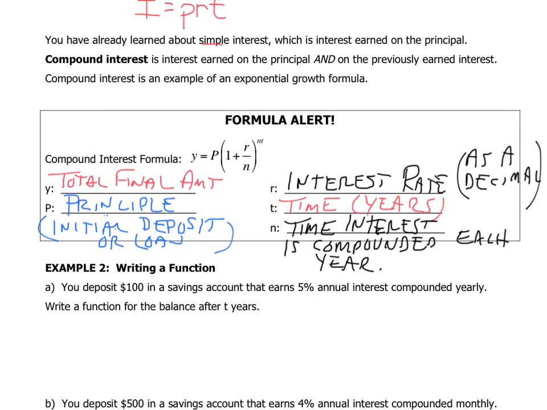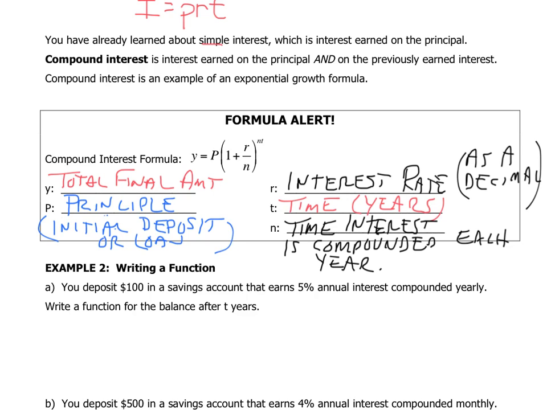The y is our total final amount, which will include our principal and all the interest. The P stands for principal, which is the initial amount of money that we are either depositing or the initial amount of money that we are taking a loan on that we would be paying interest on.